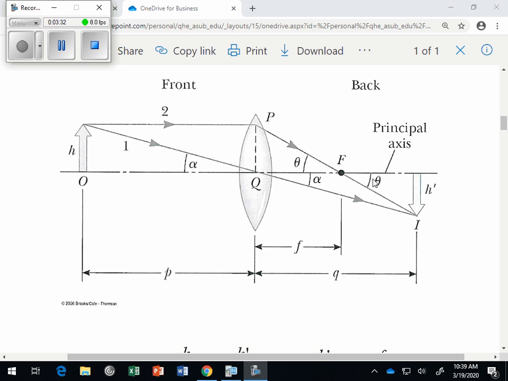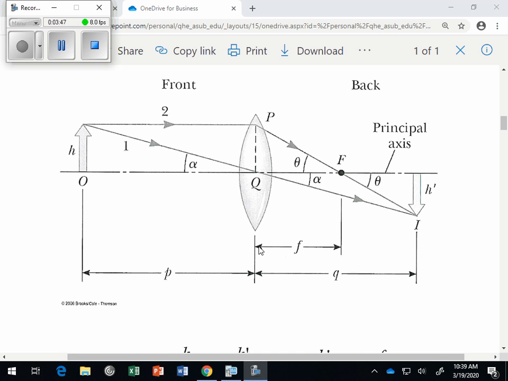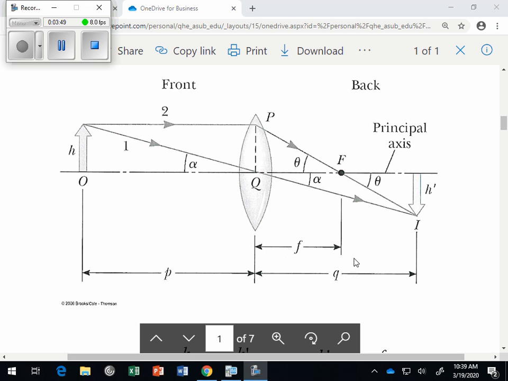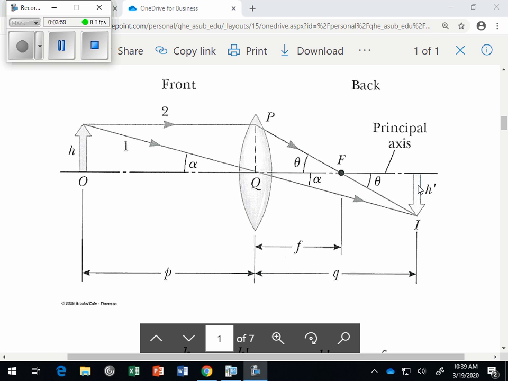The tangent of this theta equals this height h prime over that distance, which equals q minus f. This is q, this is f. And don't forget that h prime is negative because it's upside down.